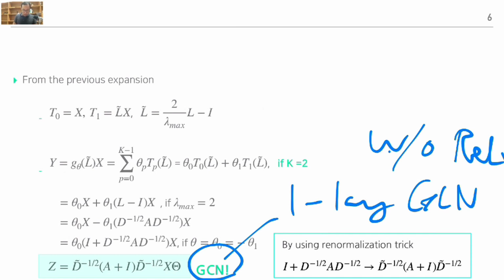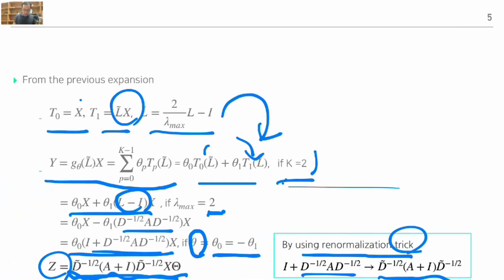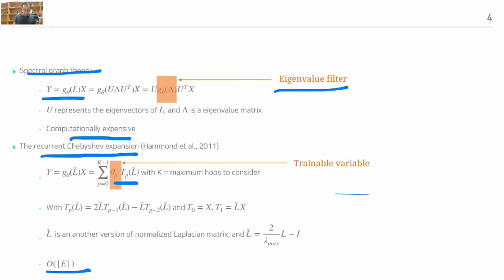So now we are able to see that the GCN is an approximation of the spectral graph theory, and it is considering two hops in the Chebyshev expansion.